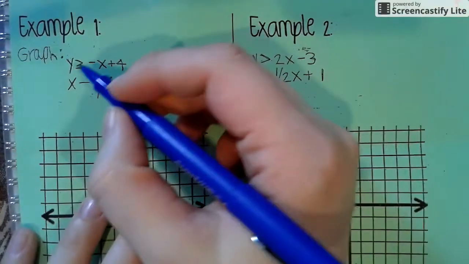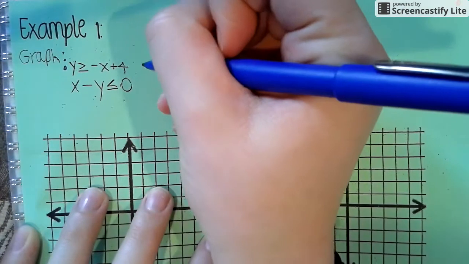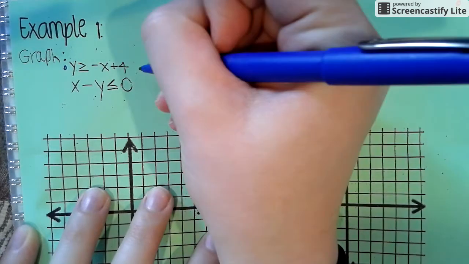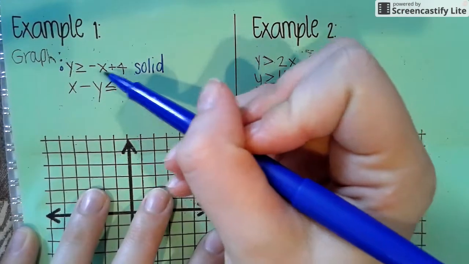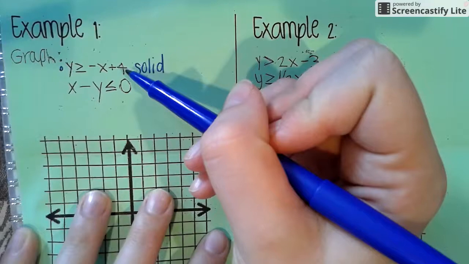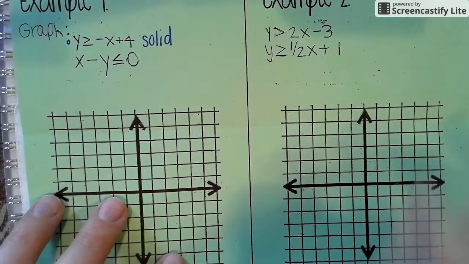I have to look at the sign and identify if it's going to be dashed or solid. So in this case, this one is going to be solid because it's greater than or equal to. So I like to label that. Then I'm going to use these two numbers. So -1 is my slope and 4 is my y-intercept. So I'm going to start at 4.